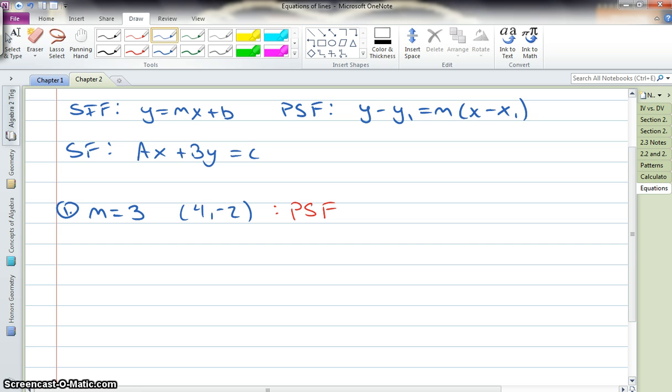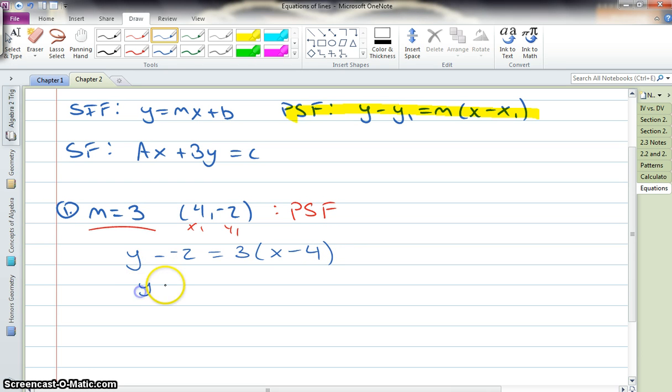So we're focused on this formula, with 4, -2 being x1, y1, and my m being 3. So I simply put my pieces in my formula. Y minus y1, which is -2, equals my slope times the quantity x minus x1, which is 4.